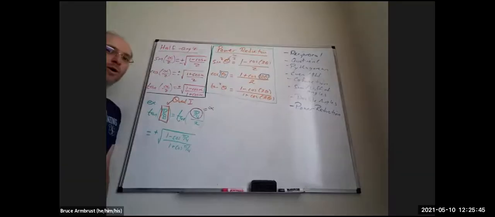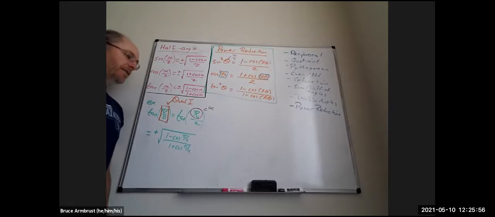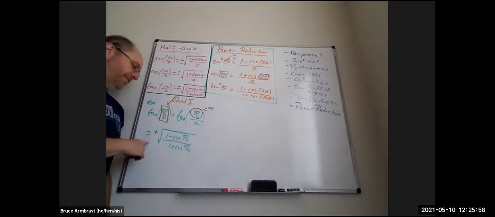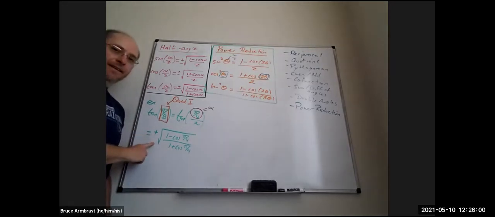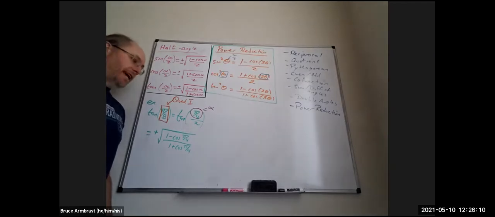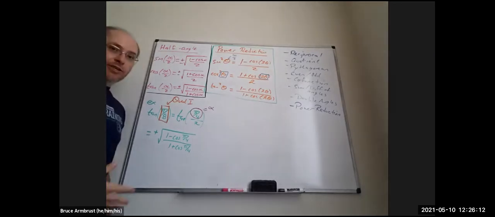That guy's in quadrant 1. So the angle that I'm putting into tangent is in quadrant 1. Because it's in quadrant 1, I know all the trig functions are positive, including the tangent. So that's actually how you're going to know whether it's positive or negative, is by looking at what quadrant your angle is in.